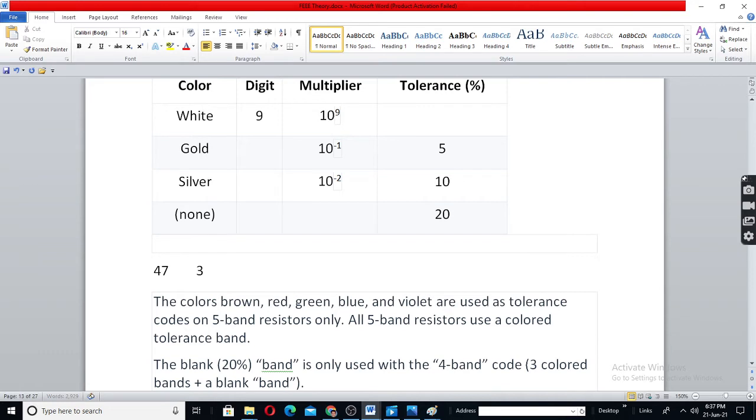Give some space and write 3. Now this 3 should be written as 10 to the power of 3.